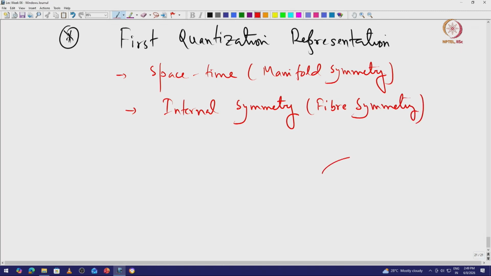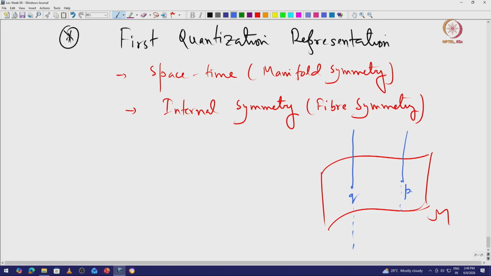Okay. So, let us say I have some manifold and I am taking two base points, some Q and some P, in which I have the fibers. Let us call it psi prime here and psi.